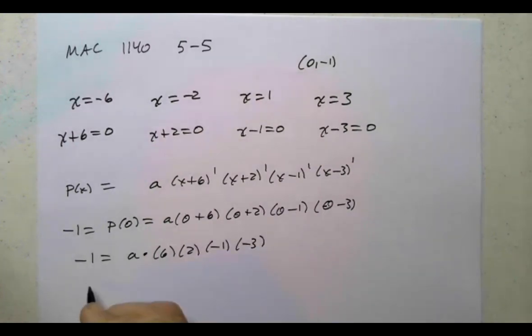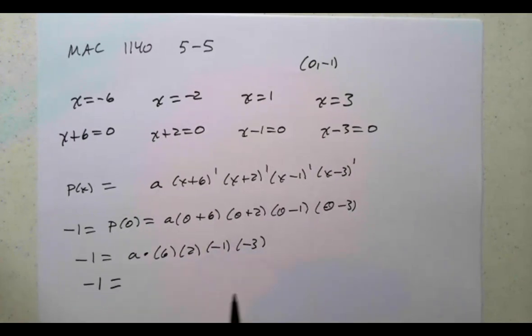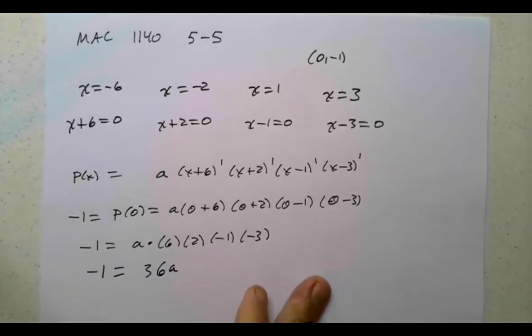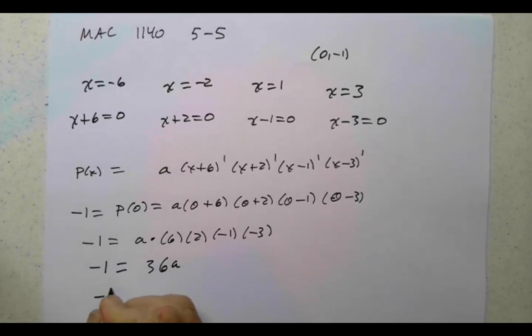So what does that look like? -1 equals a times 12 times 3, 36. Negative times negative is positive. So it looks like that is going to be 36a. So if that's the case, dividing by 36, -1 over 36 equals a.